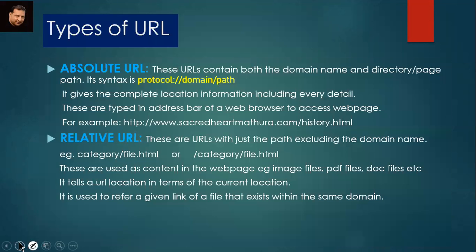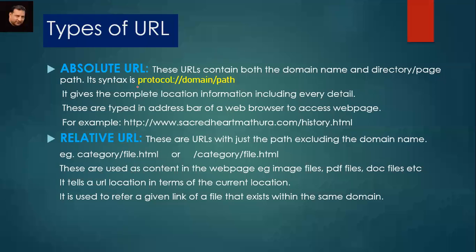Now, different types of URLs are there. First is absolute URL. These URLs contain both the domain name and directory or page path. This absolute URL provides the full, complete information of a particular page.